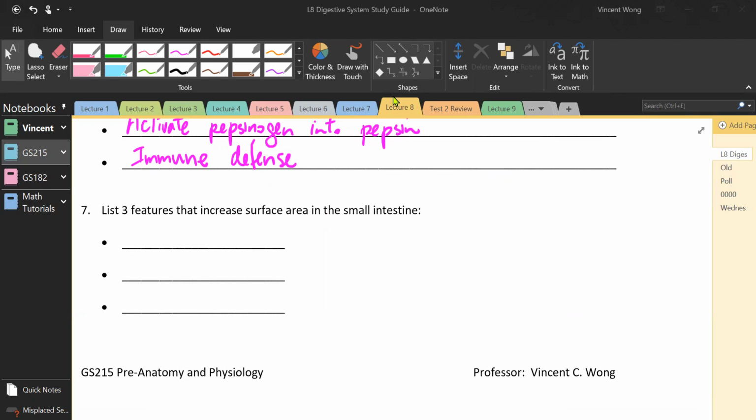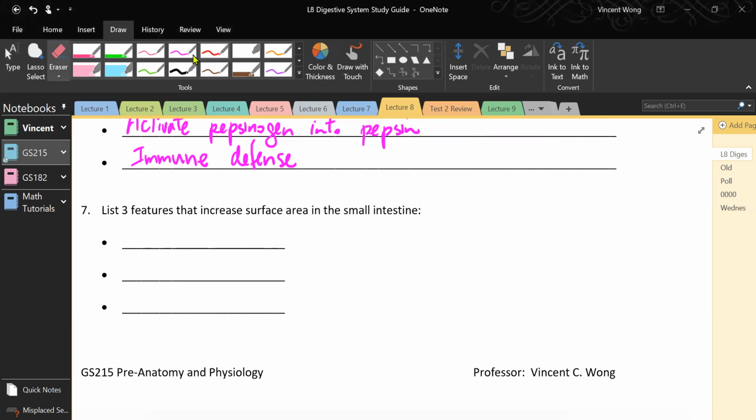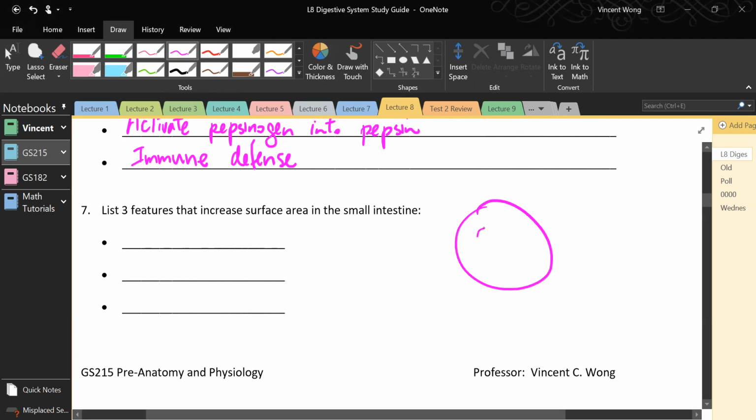Alrighty. Next part. List 3 features that increase surface area in the small intestine. The small intestine is not like a smooth interior like that, right? It actually has these foldings. These foldings are called circular folds.